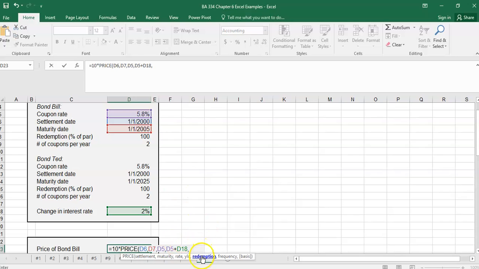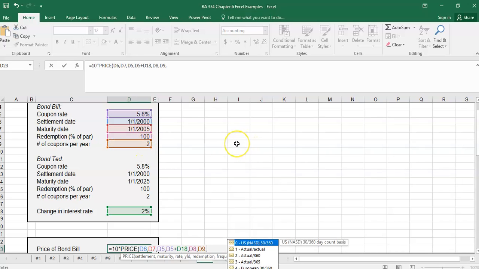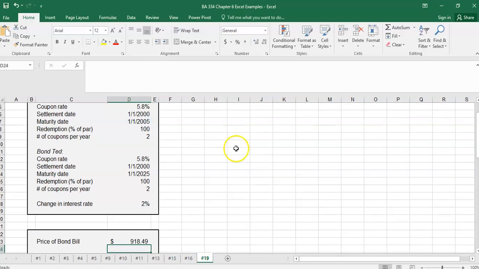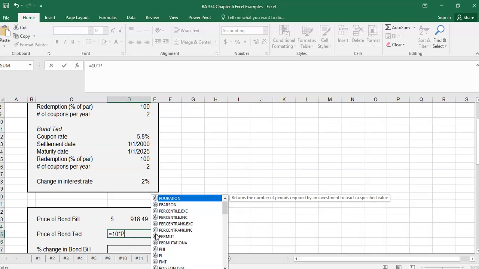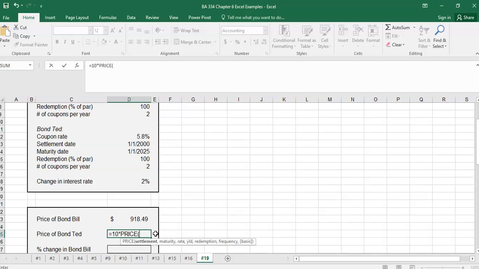Now we need the redemption. So that's the percentage par. And then the number of coupons per year and our basis default of 0. So we get a price of $918.49 for Bill. The formula for Ted is exactly the same, except that we have 25 years.